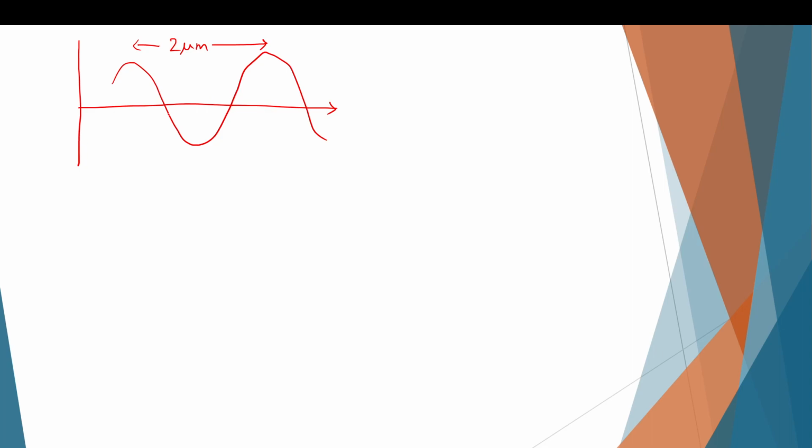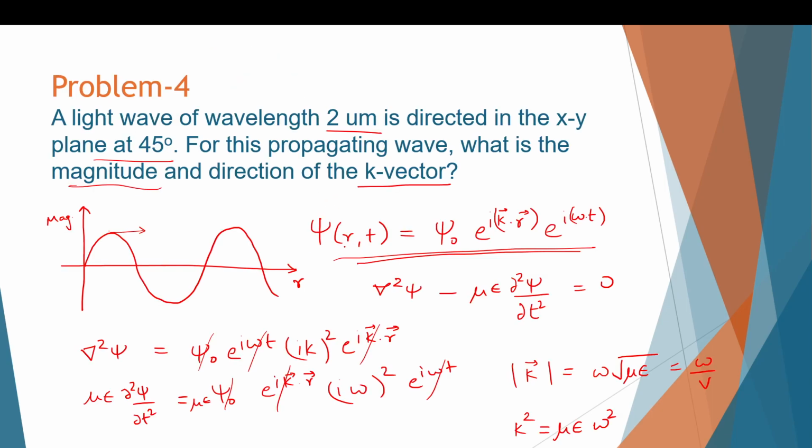Right. So now, in order to find k, we need to understand that the psi at this point is equal to the magnitude of psi at this point. So if I just name this point as r, this will be r plus lambda. Lambda is 2 microns.